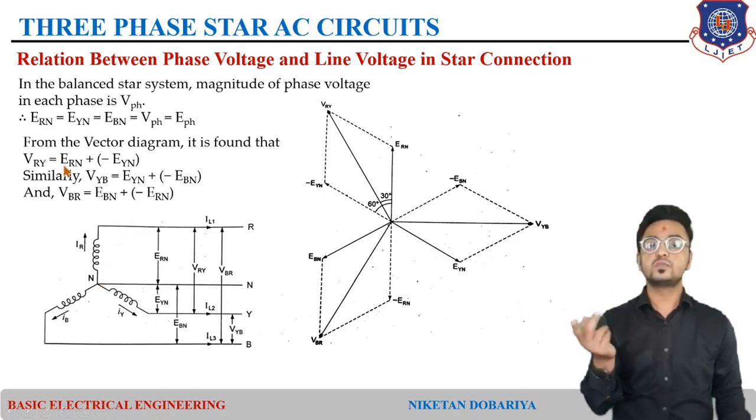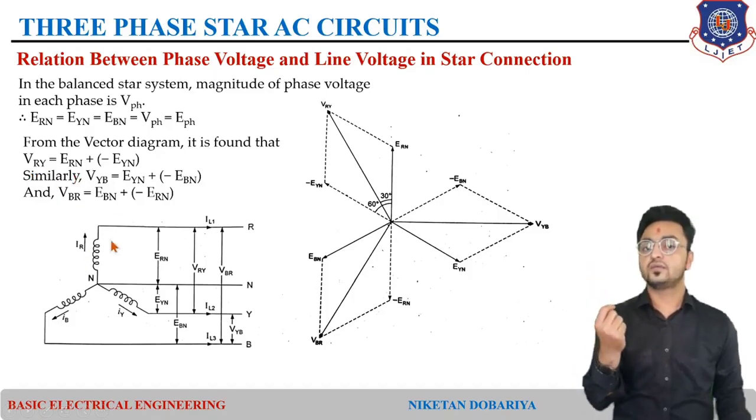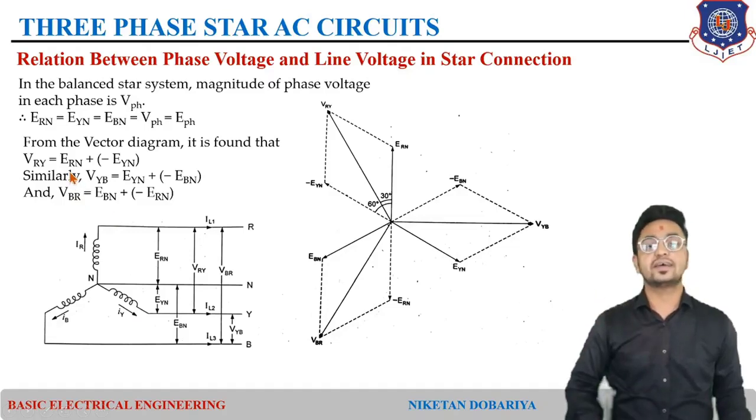So when we go from R to Y to calculate VRY, first of all we move through this coil from R to N, so we consider it as plus ERN.